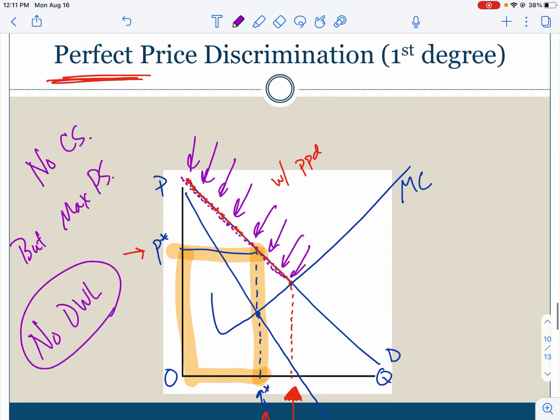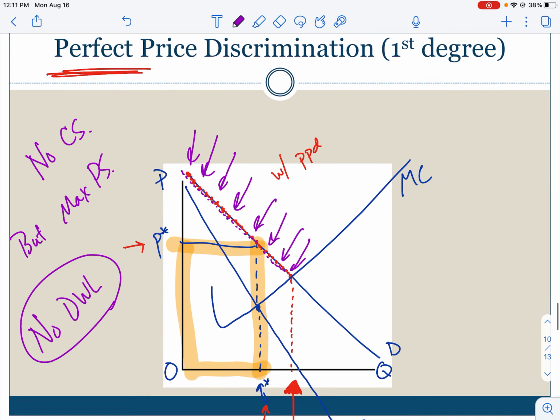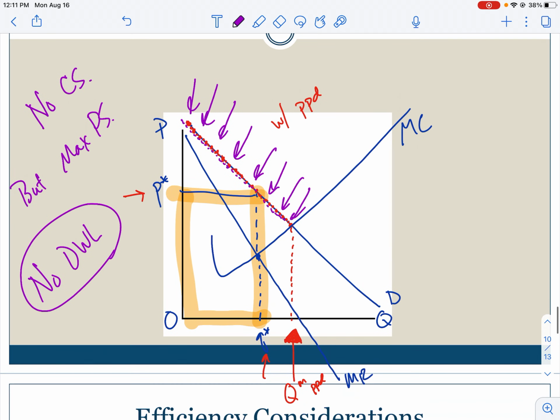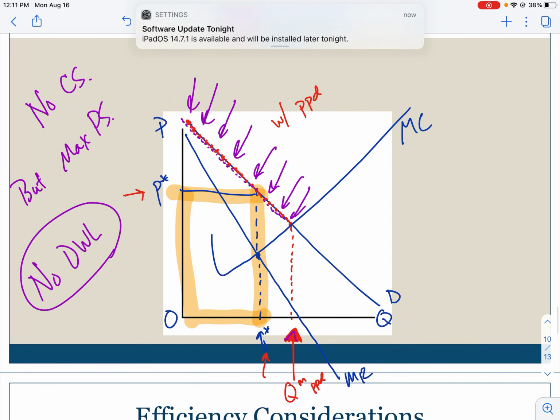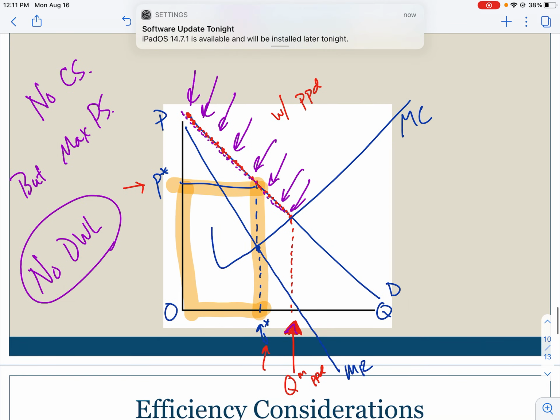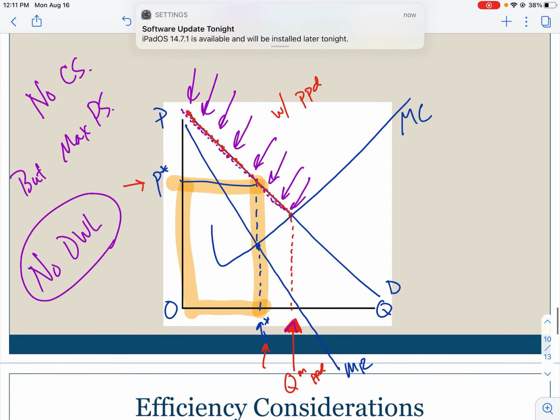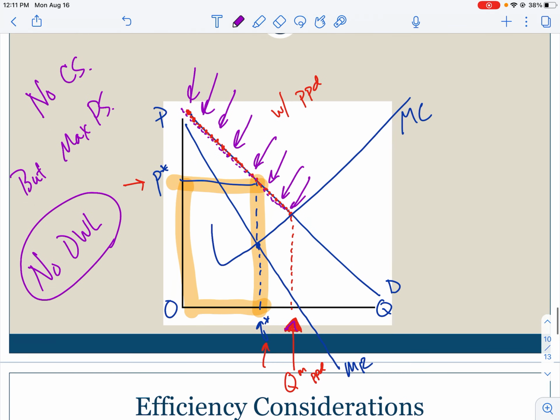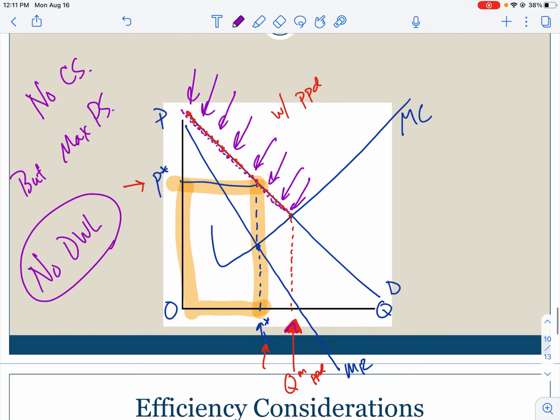But that would be at the extreme. Perfect price discrimination could cause a monopolist to behave like a perfectly competitive market, at least in terms of the amount produced. The price they charge, they're going to max out. But the economist, remember, is more concerned about the deadweight loss than about who gets the surplus. At least the economic surplus here still exists.